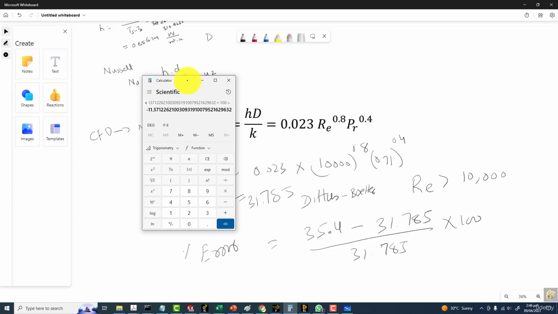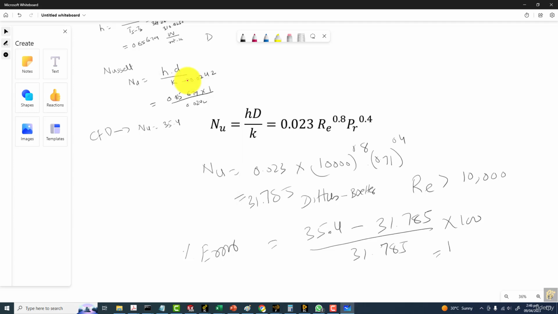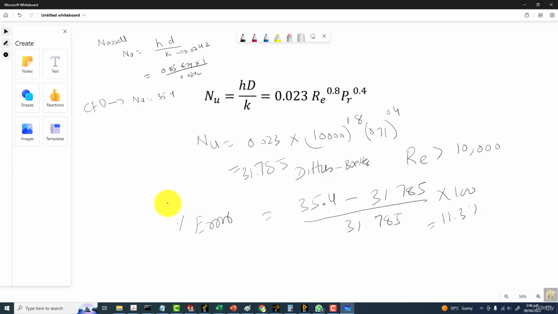So the error is around 11.3%. It's not a very bad error. Okay, so this is the whole procedure to find out the bulk temperature, the heat transfer coefficient, and then the Nusselt number, and then from the correlations you can find out the values in this way, and then you compare them.